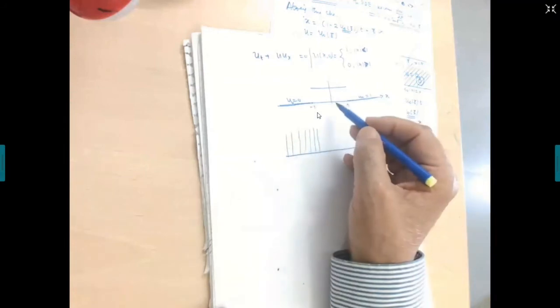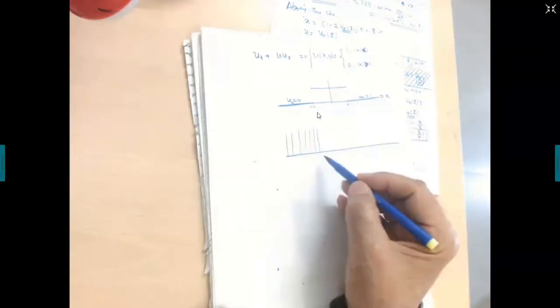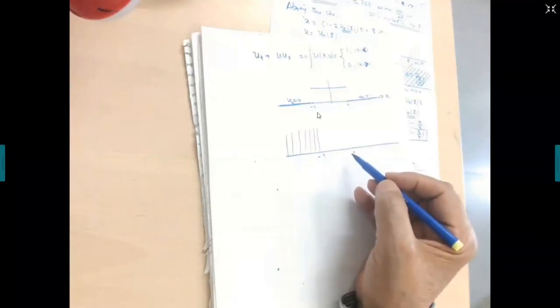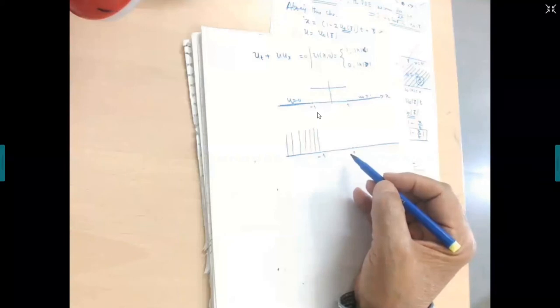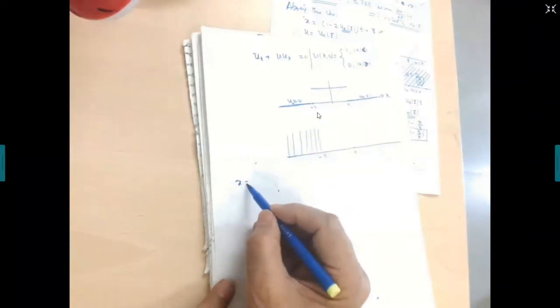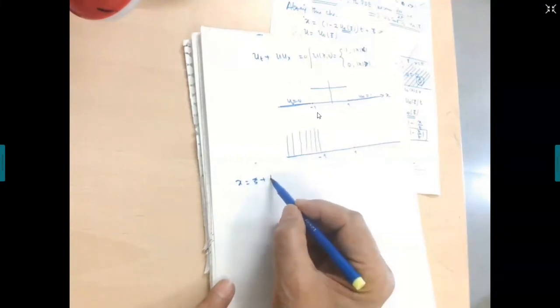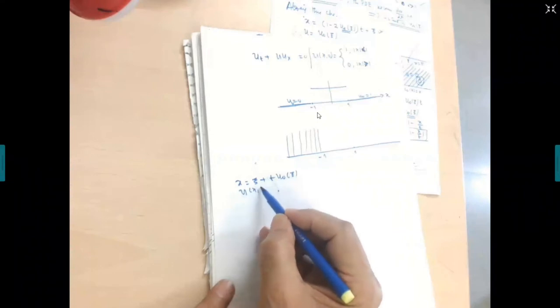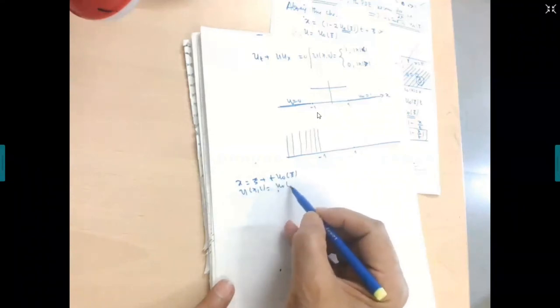What are the characteristics issuing from the part from minus 1 to plus 1? x equal to xi plus t. Of course, you have to write x is equal to xi plus u naught of xi times t.